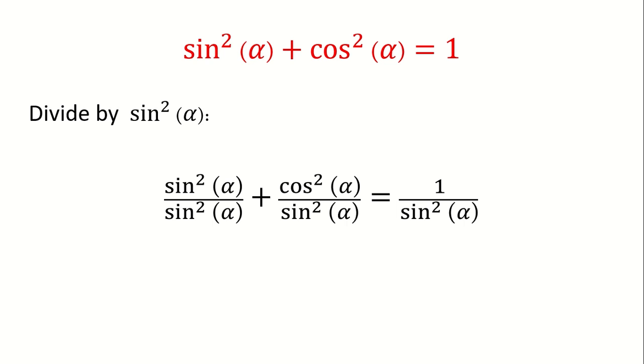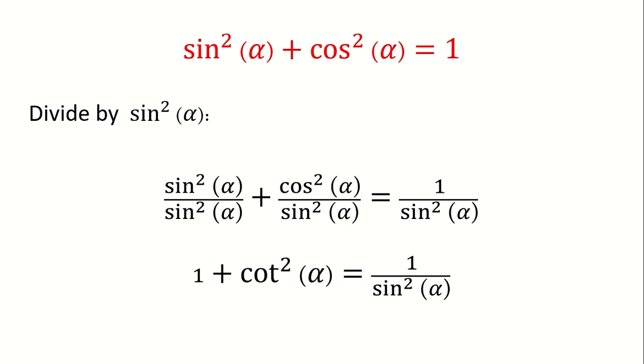Now we can simplify. Sine squared over sine squared simplifies to 1, assuming that sine of alpha isn't equal to 0.